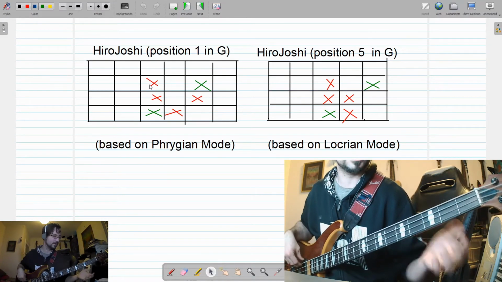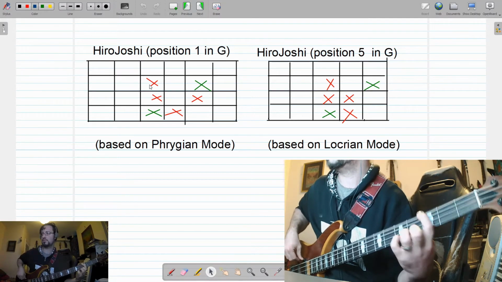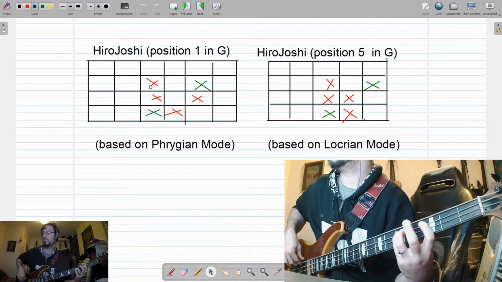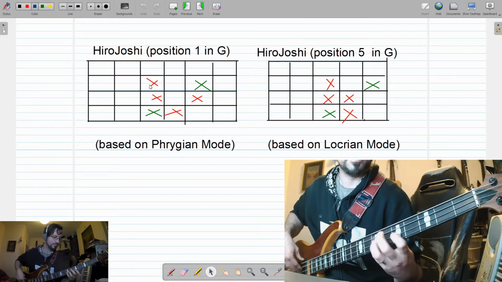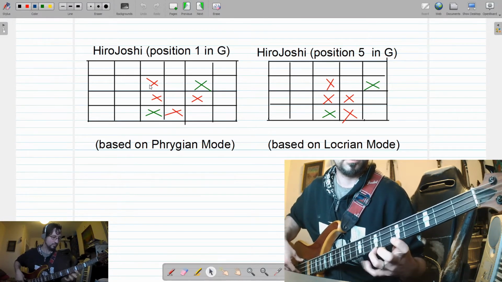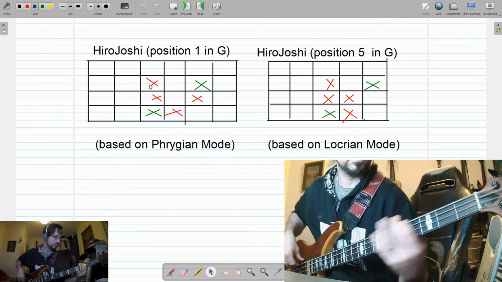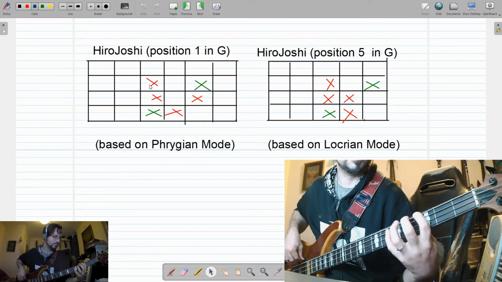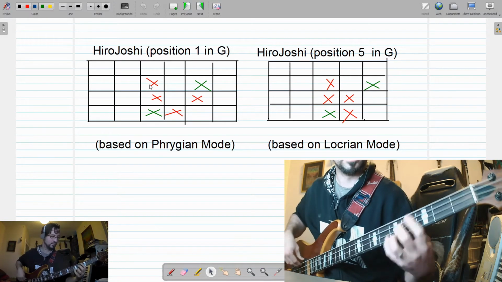You can stack them together as well. So say you did the first hirojoshi in G, then you move on to the second or the fifth position. So what am I trying to do? There we go. Excuse me.